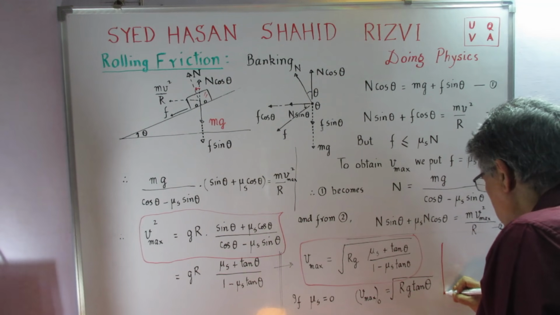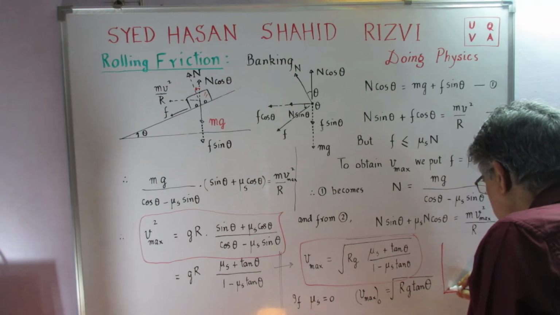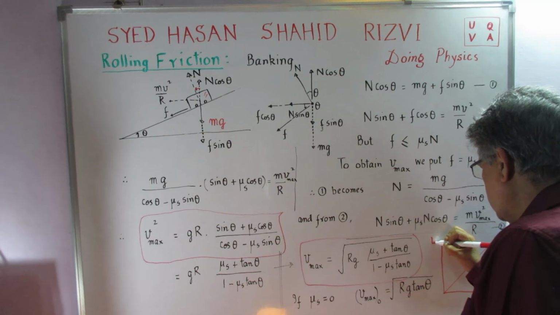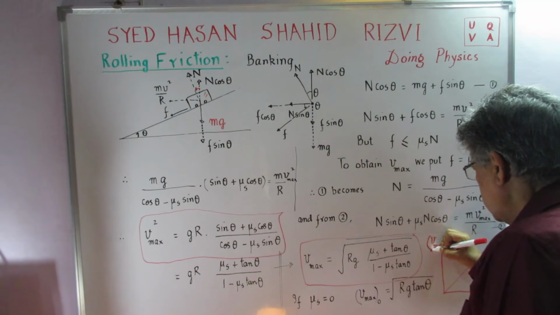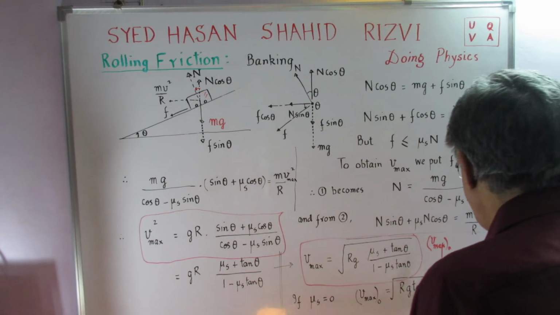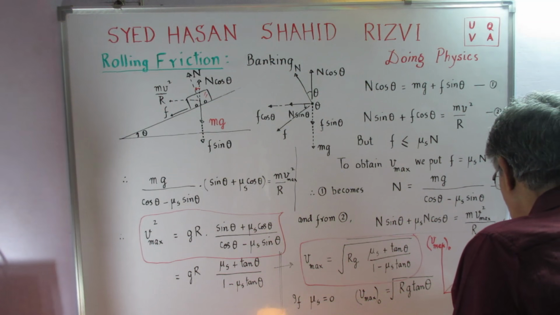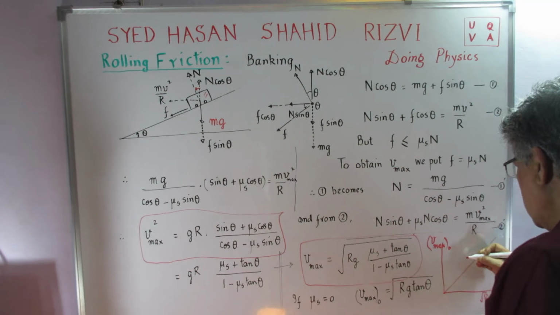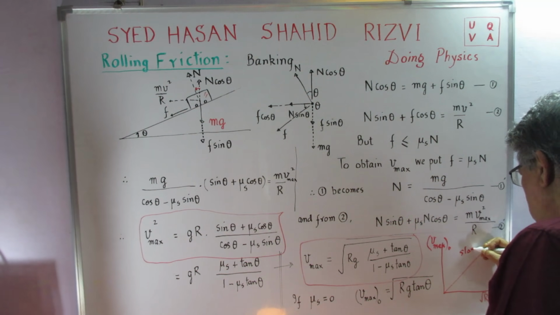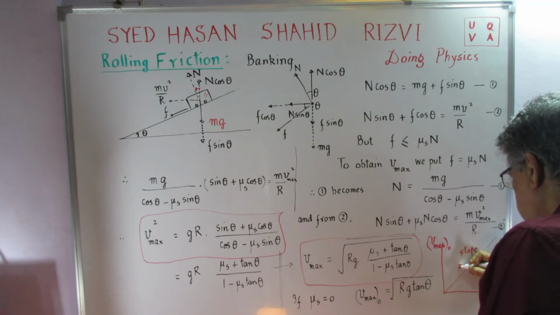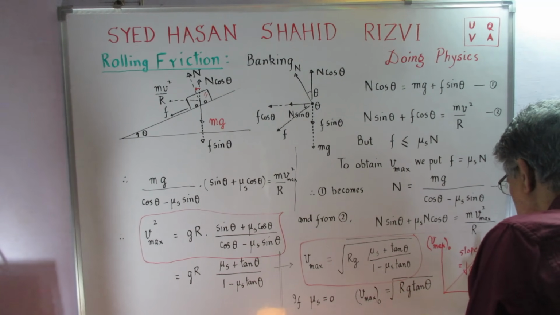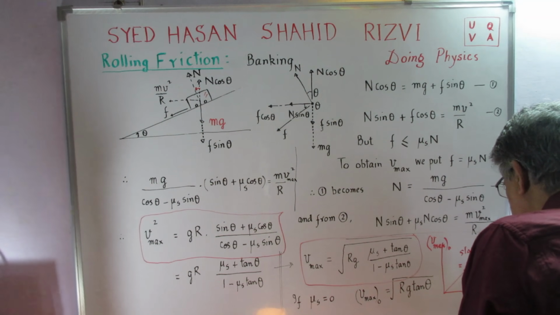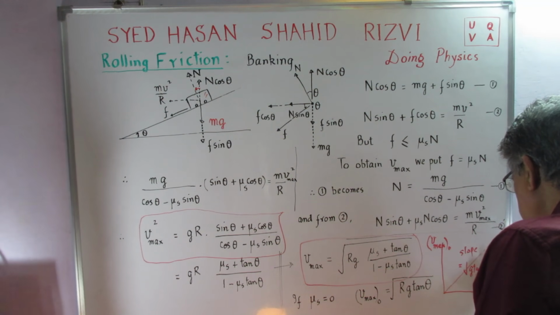And in this case, if I draw the same kind of a graph, that is, what will be the value of V max 0, in meter per second, versus under root R, then we find that there is a slope, and the slope interestingly is equal to under root of g tan theta, and we come to an end of this exercise.